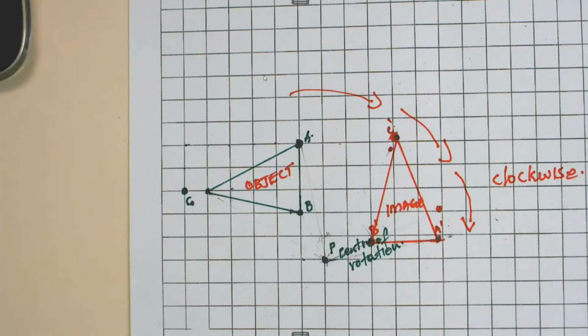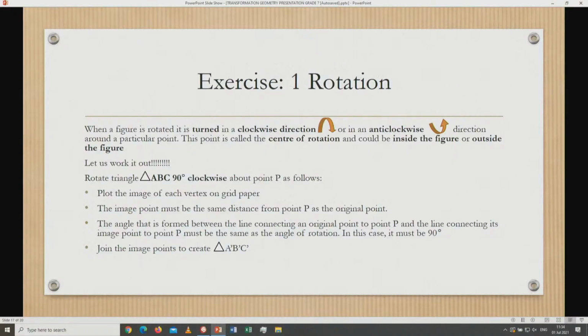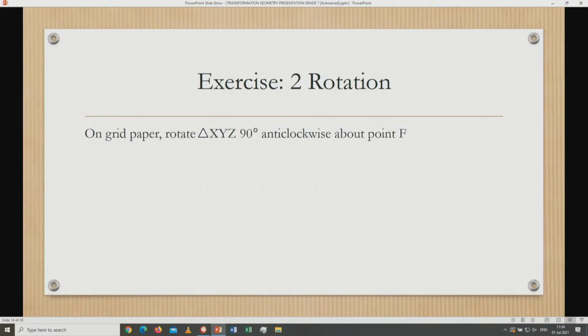There we are. Right. Now, let us look at the next exercise.